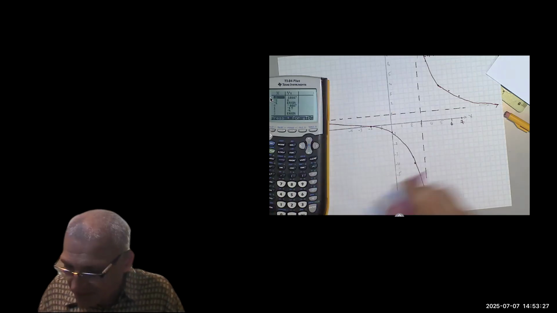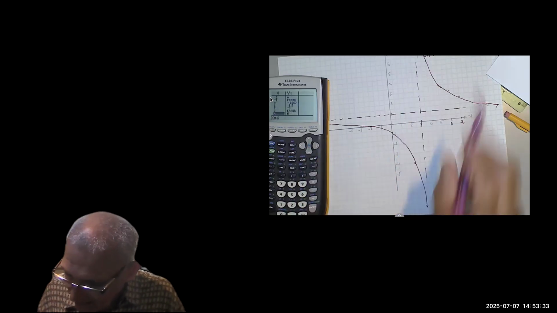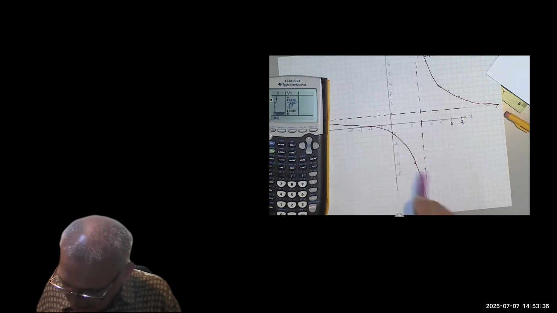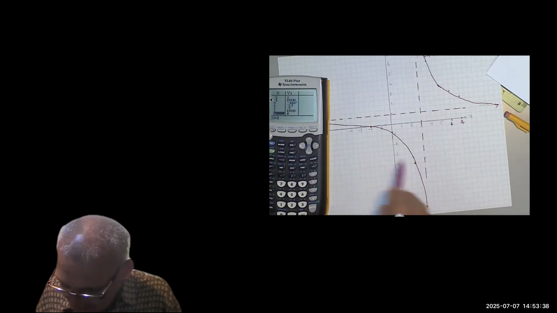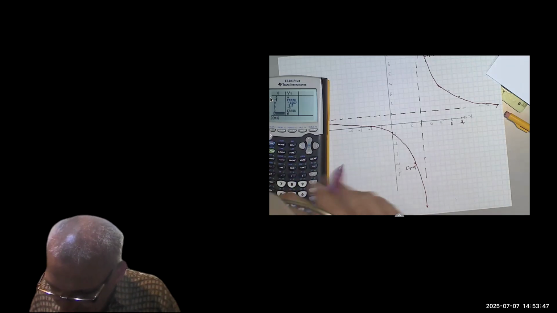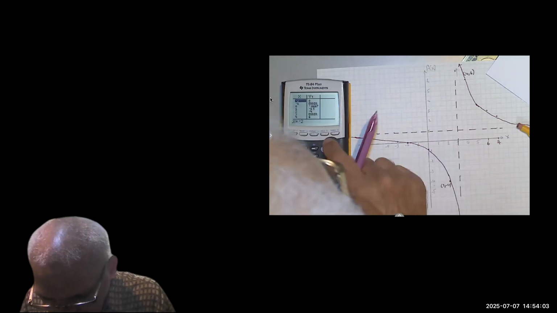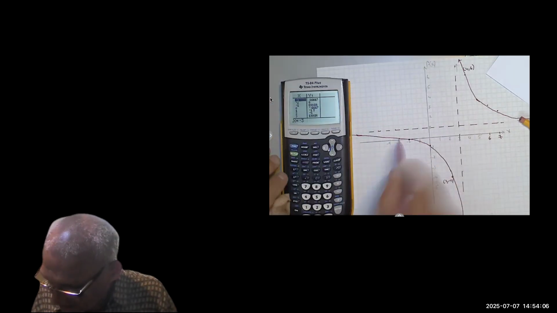If you want to look at the table, what about 4? 4 and 6. How about 2? 2 and -4. Yes, 2 and -4. We didn't try that. The intercepts: 0 and -2/3, which is this point. -2 and 0, which is that point. -3 and 1/6, which we remember.